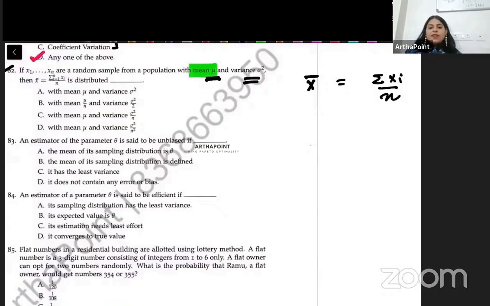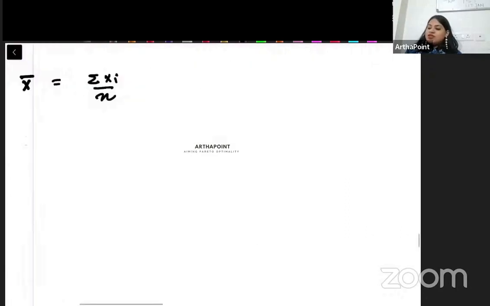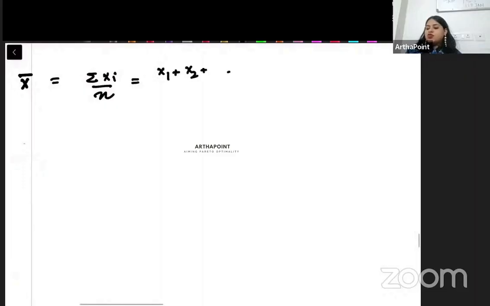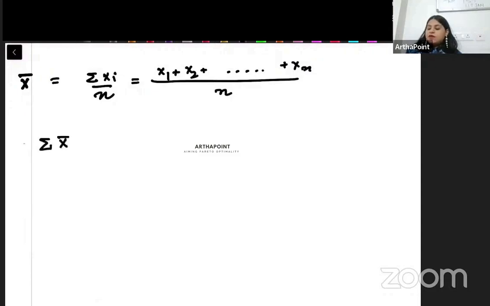This comes from an econometrics rule. So x bar is x1 plus x2 plus x3 till xn, by n.